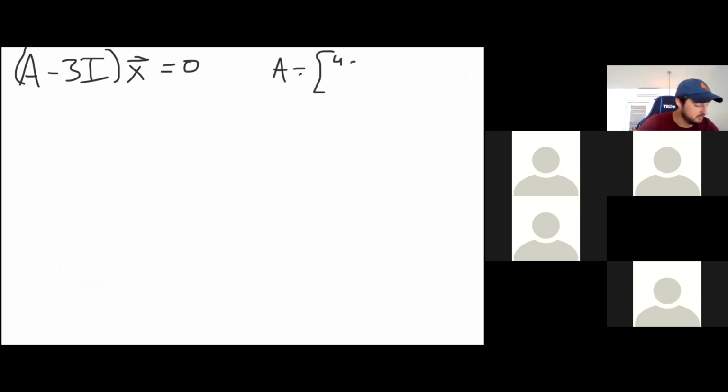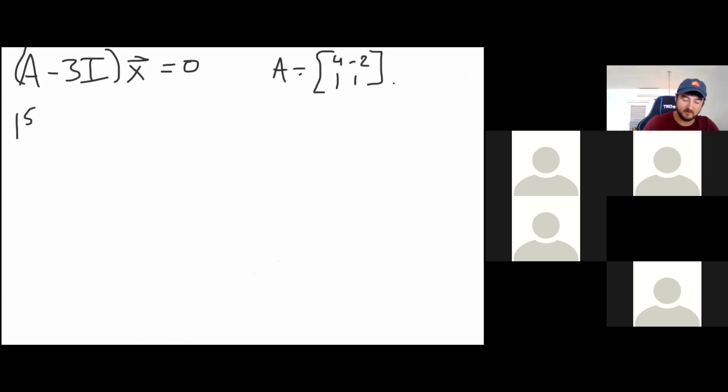So let's rewrite some of our information. We're trying to solve A minus 3I times x equal to 0. And our A matrix was 4, -2, 1, 1.